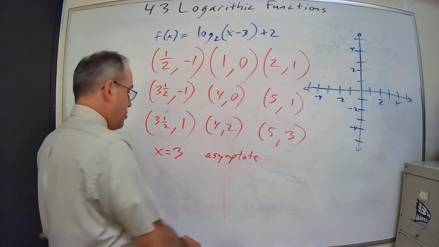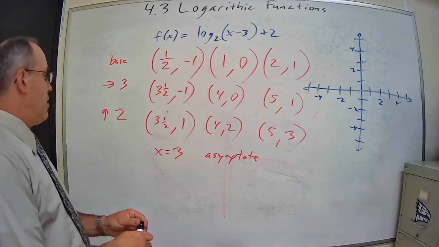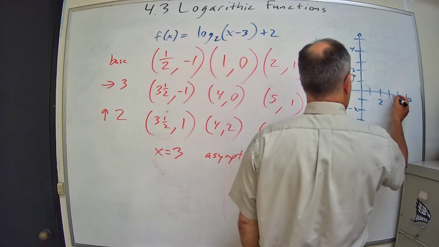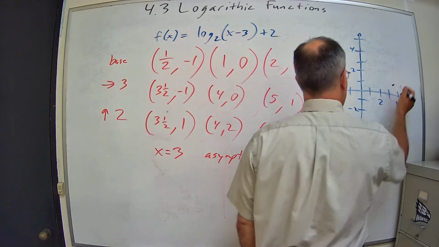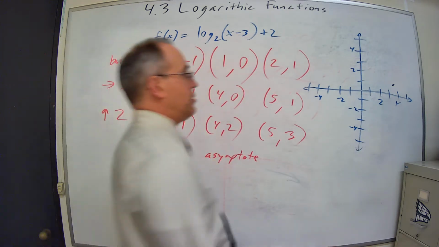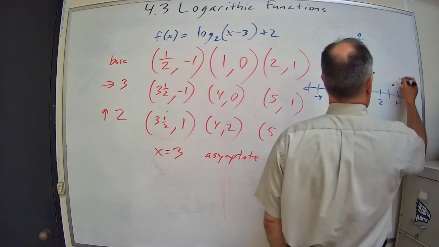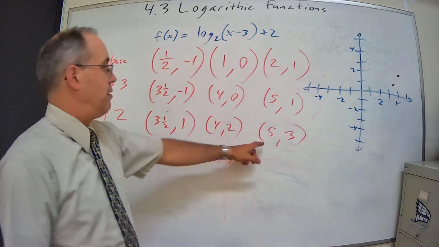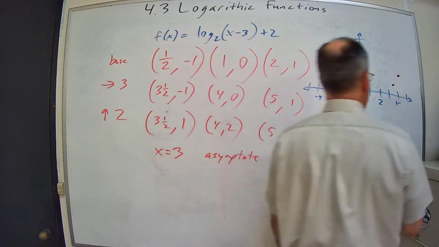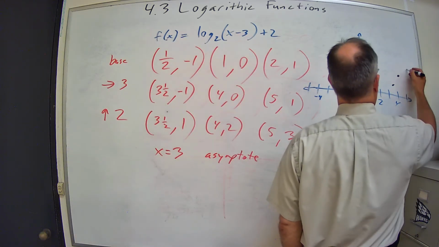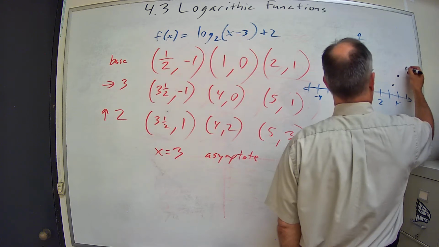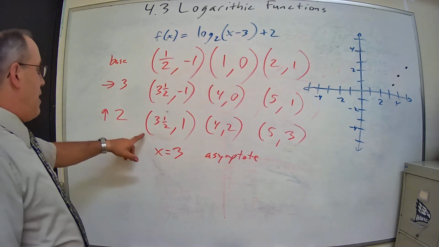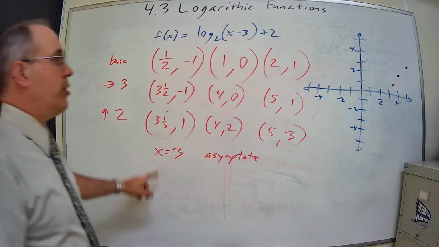Okay, so I've numbered my axes, so I'm ready to put this on here. 3.5, 1; 4, 2; 5, 3. And we have an asymptote at x equal to 3.